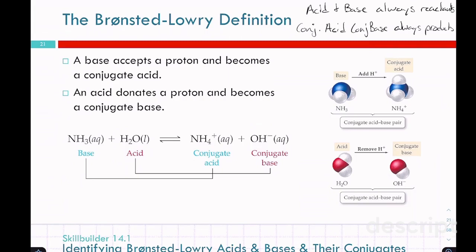So you're never going to have a conjugate acid or a conjugate base in the reactants, because it's the process of going from base to the conjugate acid. And together they're a conjugate acid-base pair.